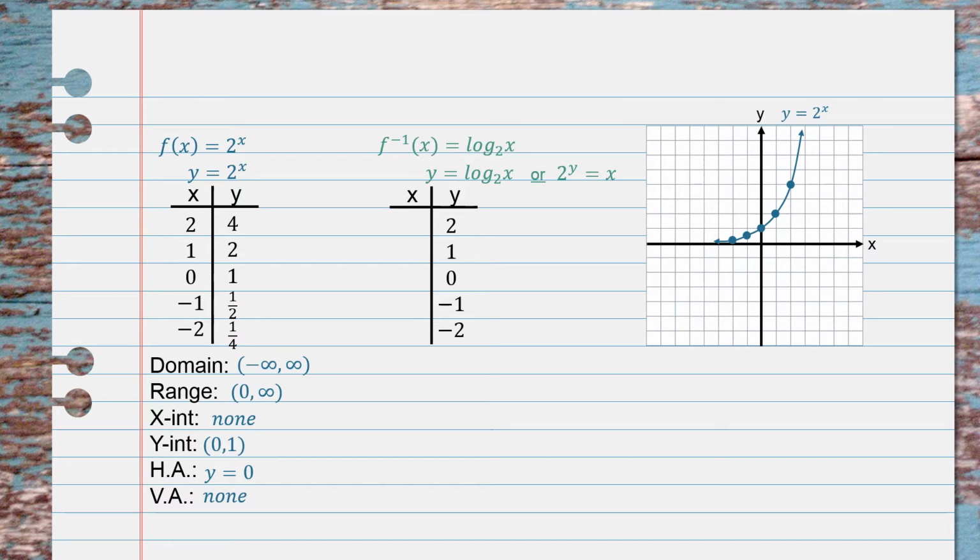Please take a few moments to plug that into the exponent function and see what you find for the corresponding x value. Hopefully your ordered pairs are 4, 2, 2, 1, 1, 0, 1/2, -1, and 1/4, -2.